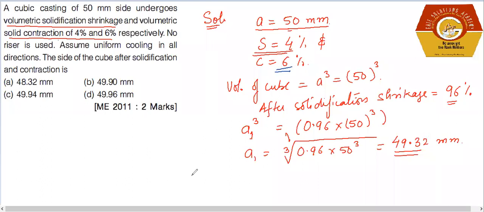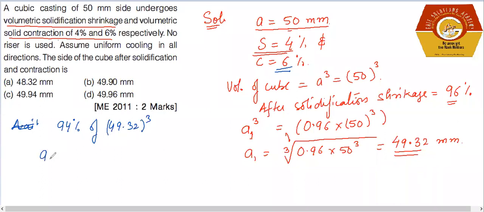So the available volume, if it was 96% earlier, is now 94% after solidification contraction. So 94% of 49.32 cube, right?